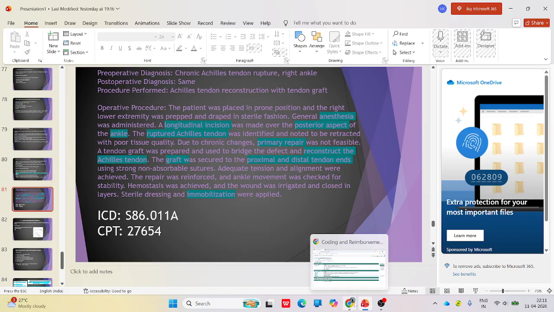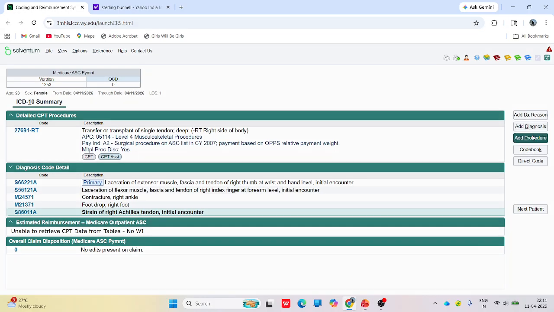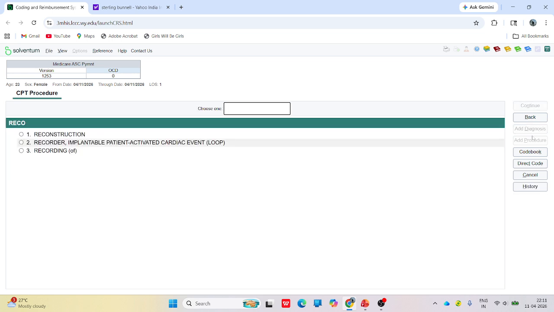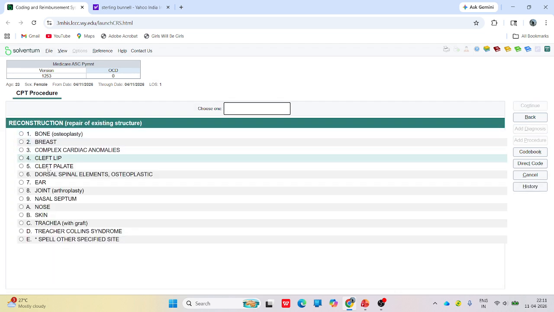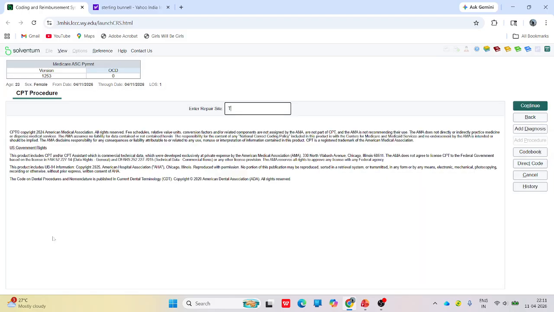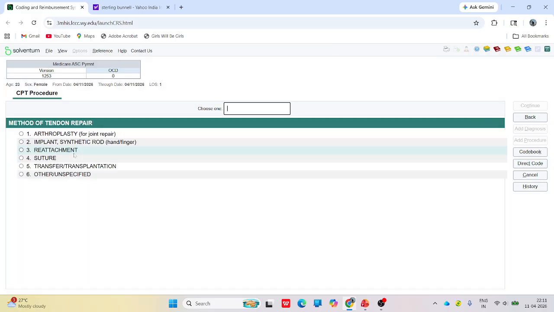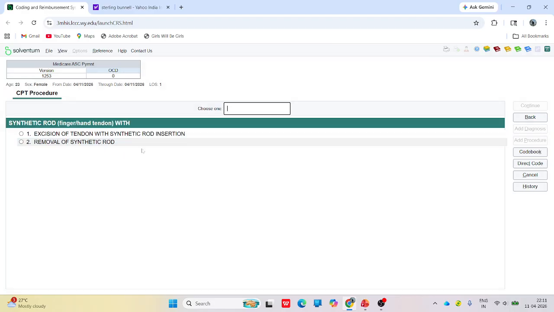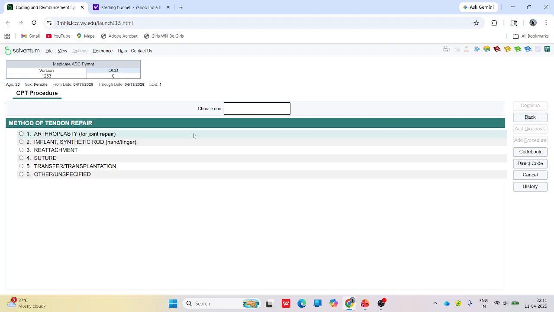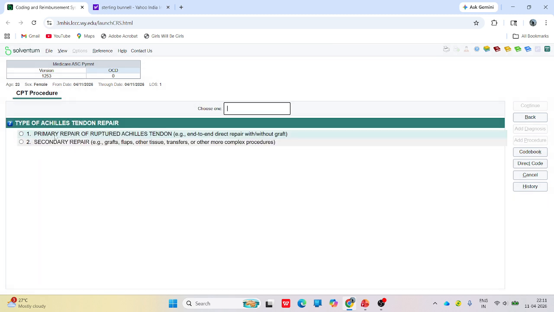graft. So we'll navigate with the reconstruction of the tendon. Transfer has not been done, it's an implant. Other specified Achilles tendon.